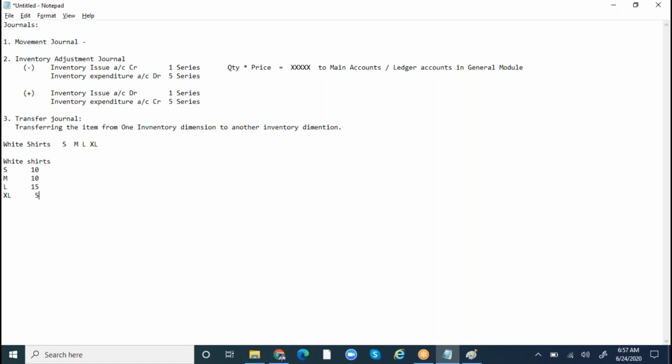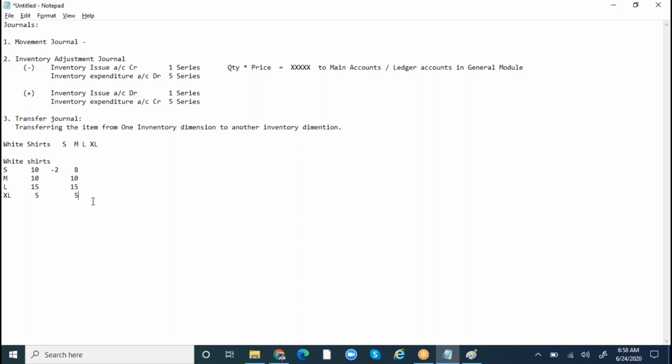XL is 5. Now one customer came and purchased, I sold 2 quantity, so small should be 8. Medium 10, large 15 and XL 5. This is the available quantity.